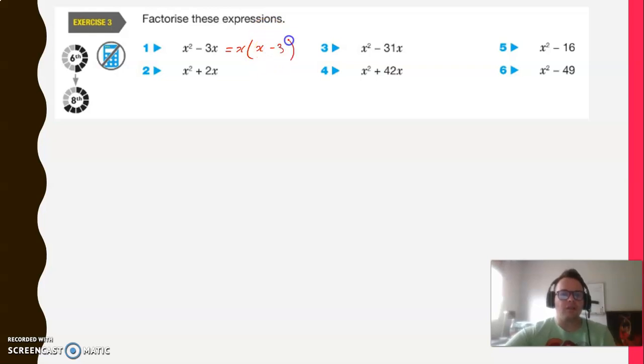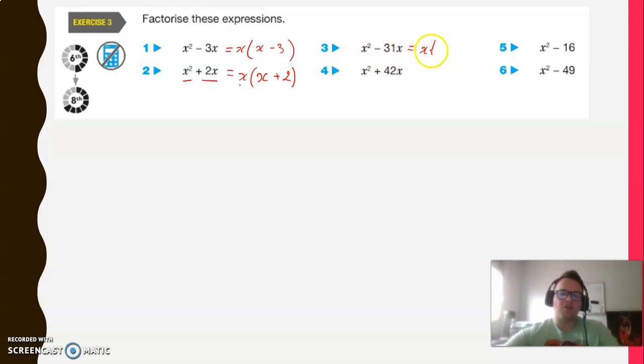Okay, second example. Again, highest common factor is x. Now x squared divided by x is x. 2x divided by x is 2. Question 3.